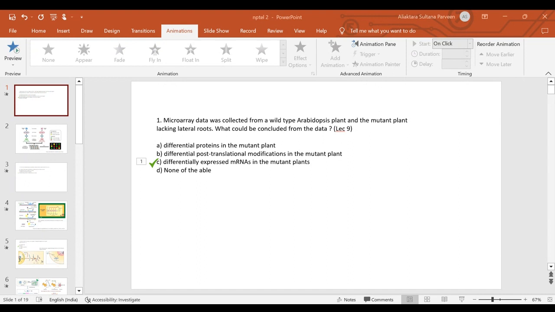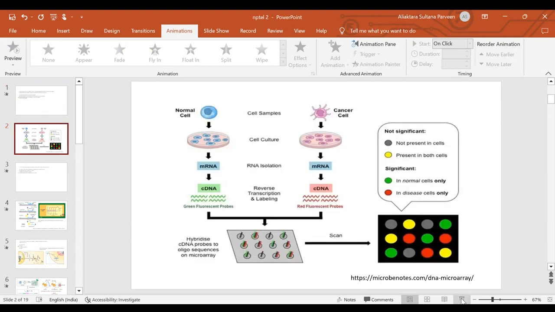Next slide, is it visible? Okay. So microarray, the name is coming from a plate which has an array, meaning an arrangement of different spots.